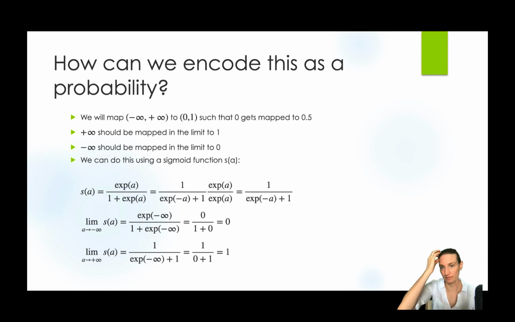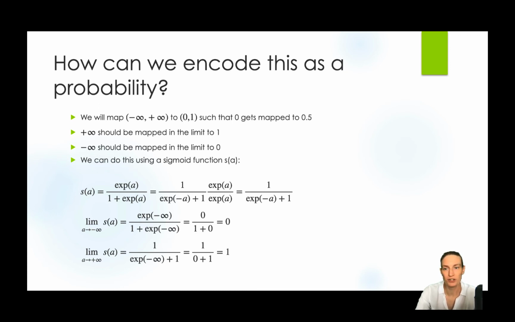Okay. It's important that I mention that 0 should be mapped to 0.5, so that the neutral zone in the predictions, where we're not sure, should still be in the middle between the prediction 0, 1. Okay. Now we can achieve this by using a sigmoid function.